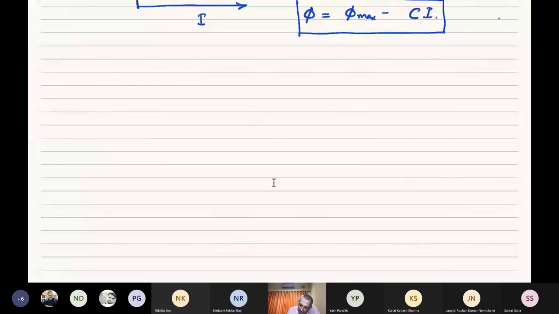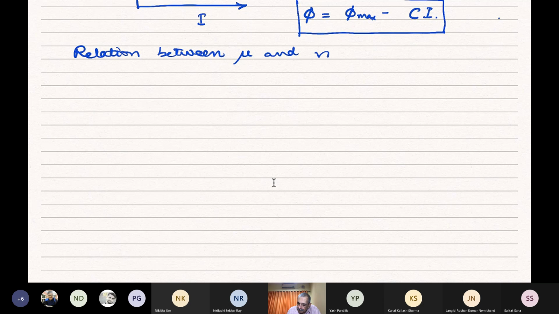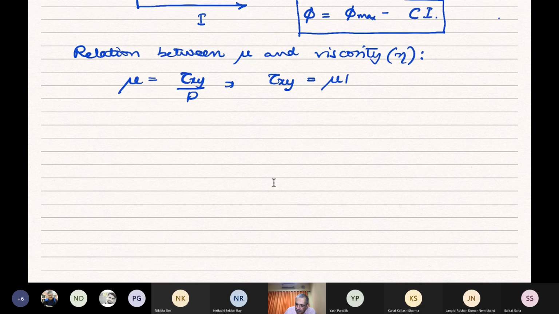So you can clearly see that if you are given mu, then you can easily calculate, so we have defined mu as equal to tau xy by p. So this gives us that tau xy is equal to just mu times p.